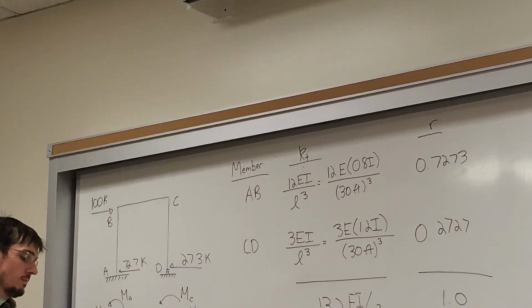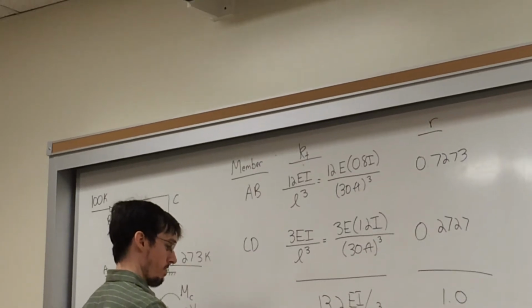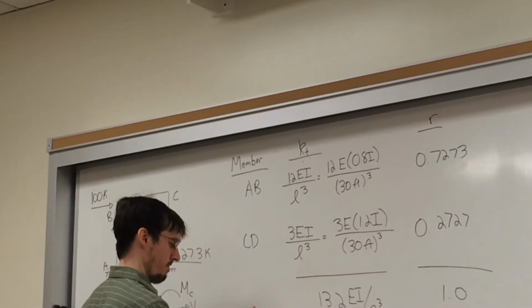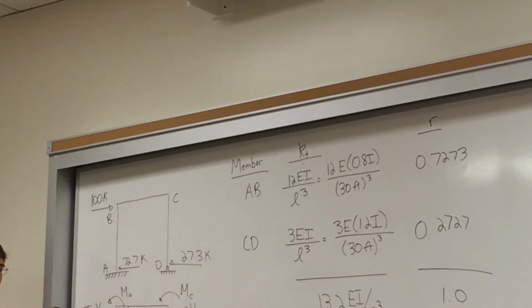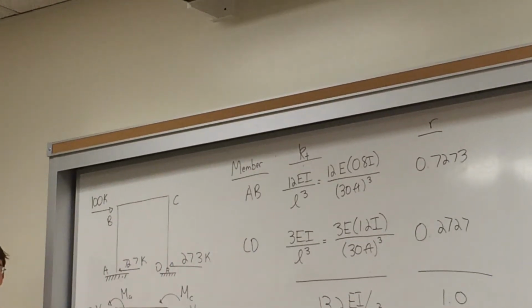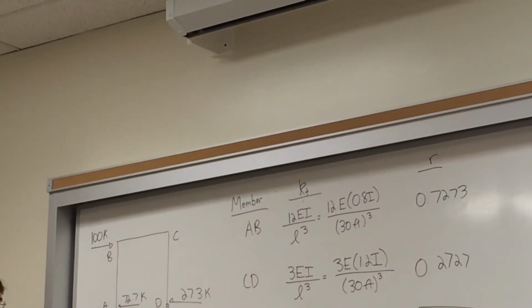So if we're getting the moment at A, this is just the shear force VA times that distance to the inflection point, which is, in this case, 15 feet, or L over 2.